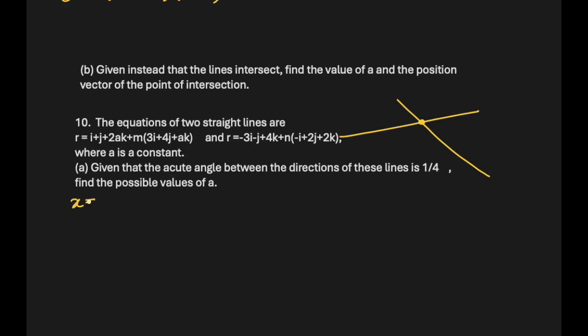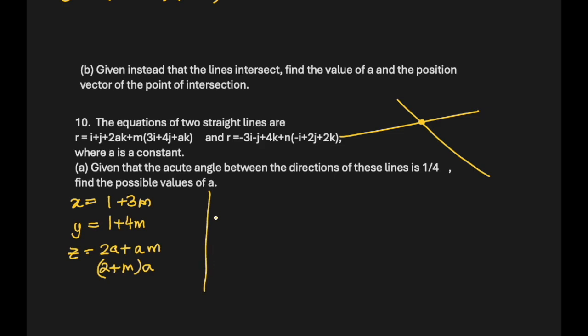In this case, x will be 1 plus 3m, y will be 1 plus 4m, and z will be 2a plus am, or I can write 2 plus m a, whichever will be applicable.